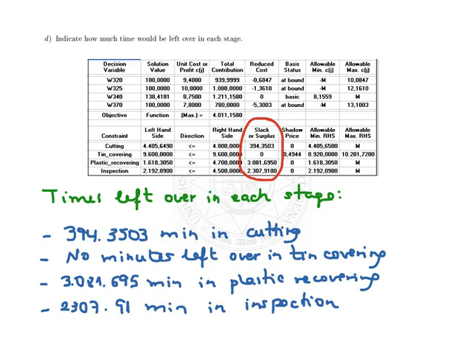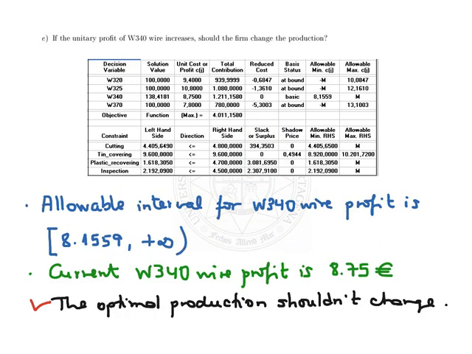Question E. If the unitary profit of W340 wire increases, should the firm change the production? We have to look at the allowable interval of W340 wire, which is 8.1559 up to plus infinite.